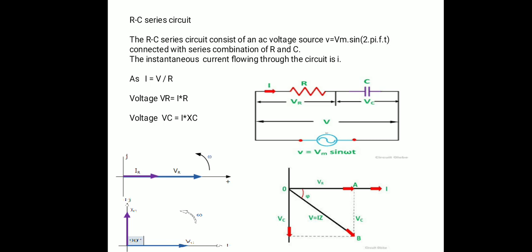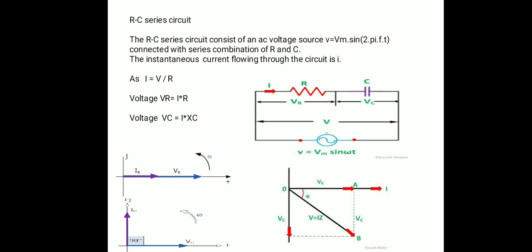But what is the relation between voltage and current for the resistor? The current IR and the voltage VR are in the same phase, so there is no phase difference between them. So on the same reference axis we draw the phasor for VR. Both phasors, IR and VR, are drawn on the same reference axis.